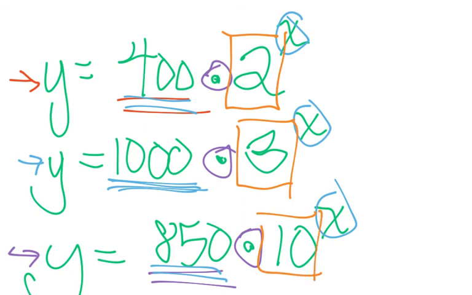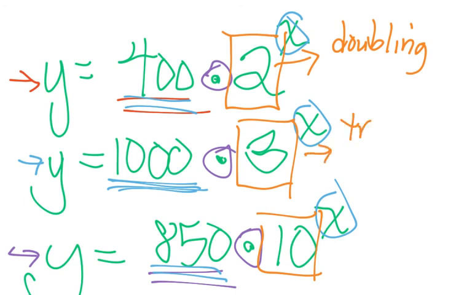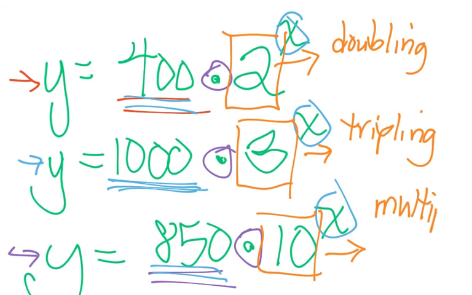What that tells me is 2 means I'm doubling. That is how it's growing. It is doubling each time. The 3 means I'm tripling each time. And 10 means I am multiplying by 10, meaning it is a 10-fold increase. I am multiplying by 10. I don't have a fancy word like doubling or tripling.